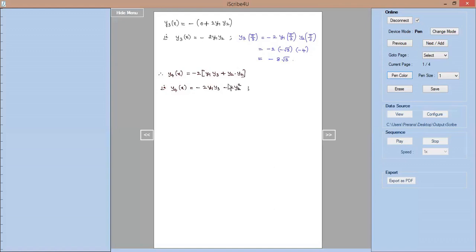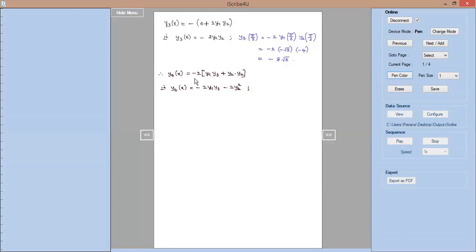Correct? I'll explain this once again. So we are applying the product rule for minus 2 into y1 into y2, and we differentiate to obtain the next differentiation, that is y4 of x. So we have written minus 2 as it is, differentiation of y1 into y2 by applying the product rule. First we will keep y1 as it is, differentiation of y2 with respect to x is y3, plus y2 as it is, differentiation of y1 with respect to x is y2.